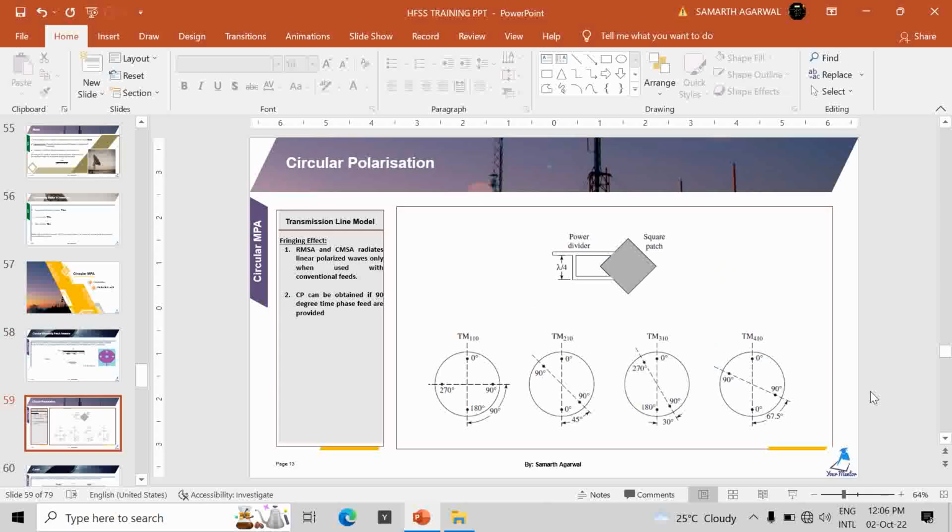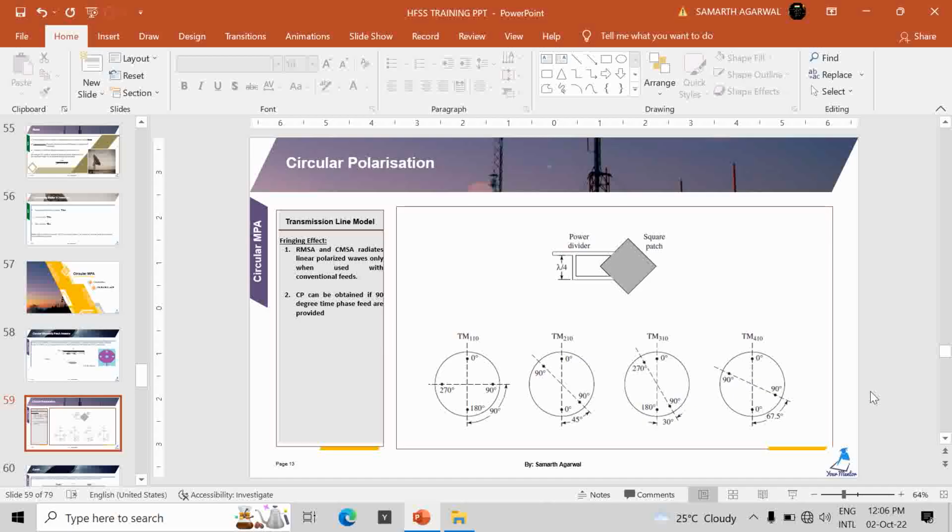Now, circular polarization. What is circular polarization? As I've told you, when the field vectors have both components, horizontal and vertical polarization, then we will say that it is having circular polarization.